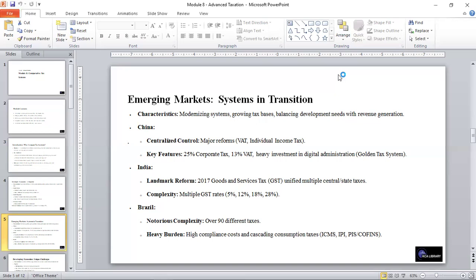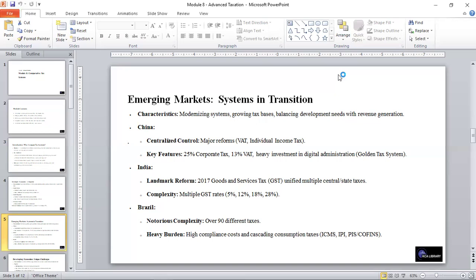And for India, it's experiencing landmark reform, the 2017 goods and services tax, which unified multiple central and state taxes. It's actually complex because it has multiple GST rates like 5%, 12%, 18%, and 28%.